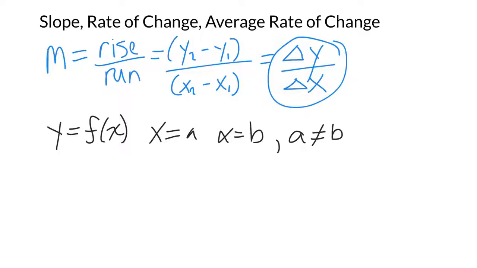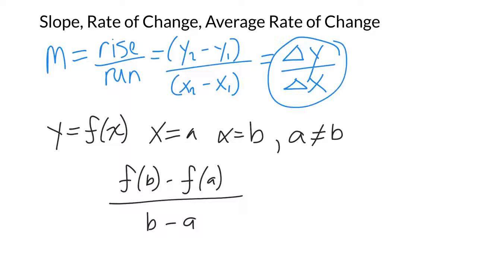So our formula for this is f of b minus f of a divided by b minus a. For the top part, we are plugging the values of b and a into our function and calculating that out.